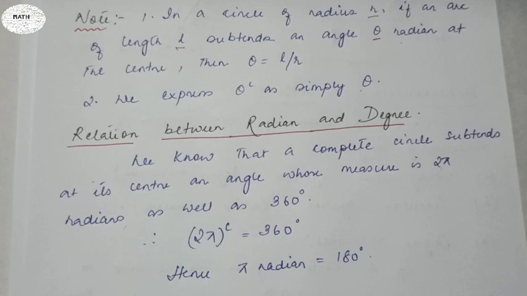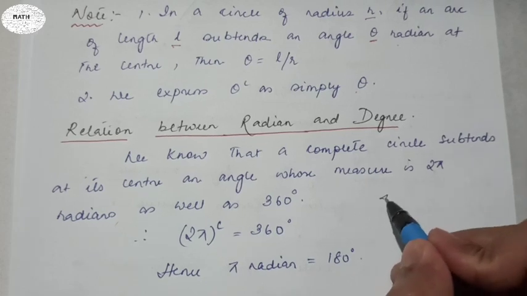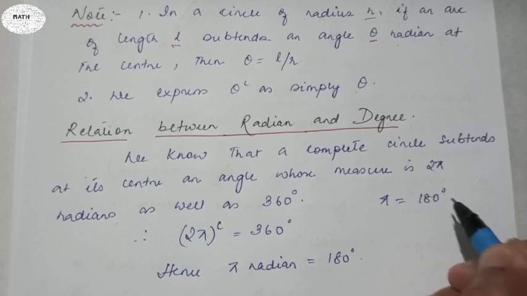Alright, the next topic, which is a very important topic, is the relation between radian and degree. We know that a complete circle subtends at its center an angle whose measure is 2 pi radian as well as 360 degrees. By the way, in trigonometry, pi means nothing more than 180 degrees. Don't forget it.